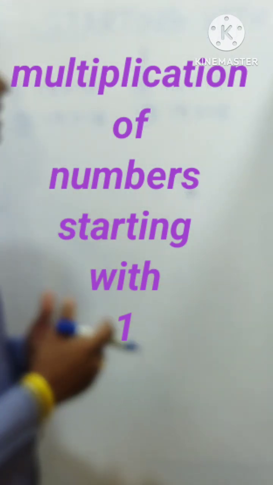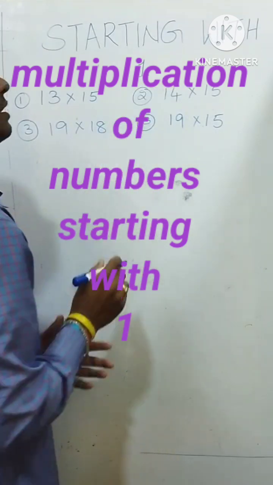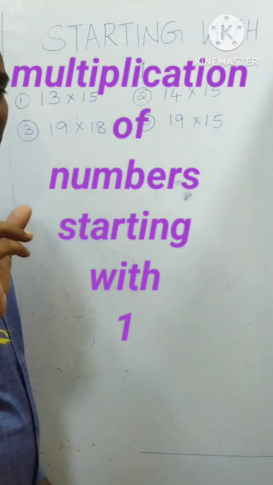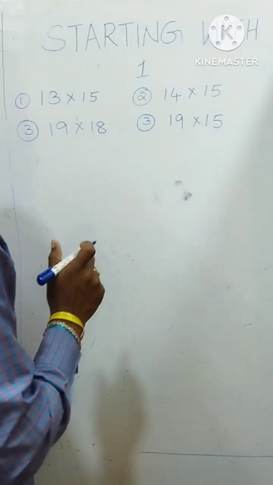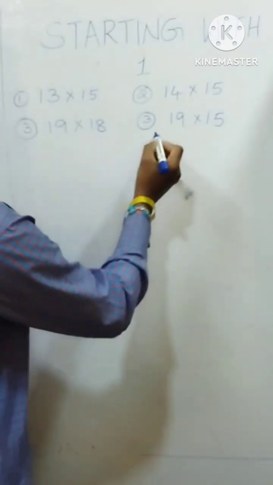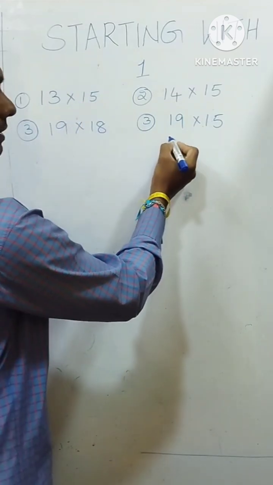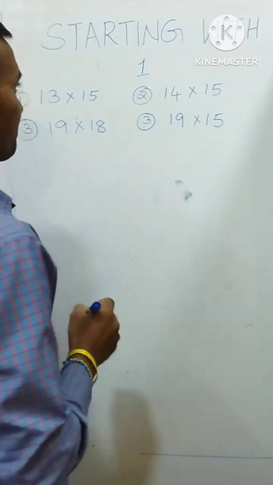In this video, we are going to discuss multiplication of numbers starting with 1. For example, you see here 13 into 15, 14 into 15, 19 into 18, 19 into 15.